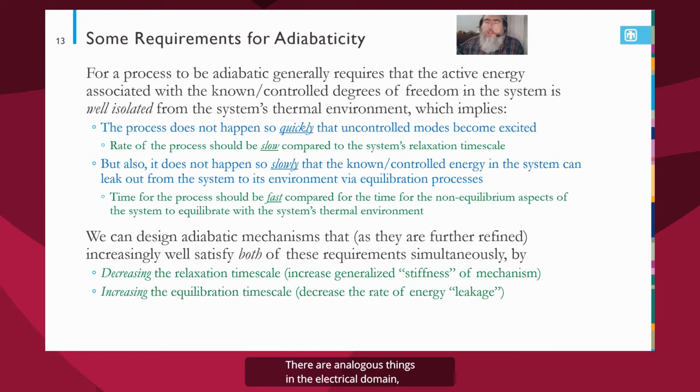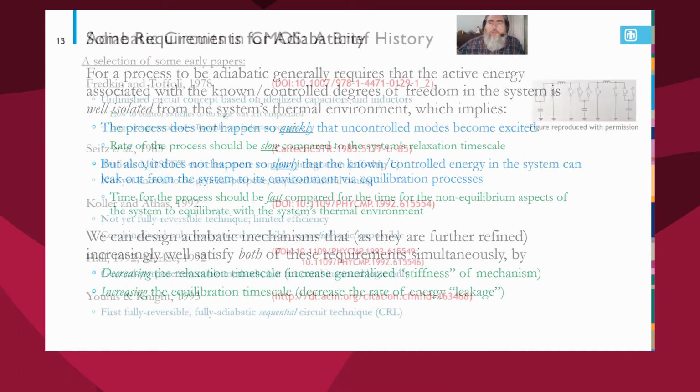And there are analogous things in the electrical domain, like if you try changing things too quickly, you can excite the inductive degrees of freedom of the system, and if you do things too slowly, energy can leak out of your circuit nodes through various mechanisms.